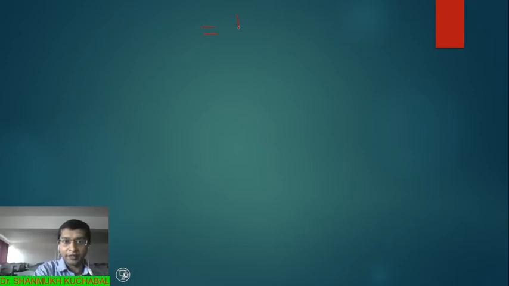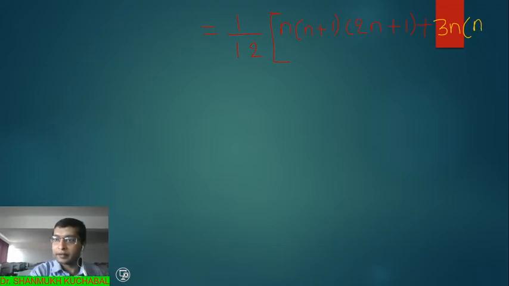Simplifying, we get 1 divided by 12 multiplied by n into n plus 1, 2n plus 1 plus 3n into n plus 1, closing the bracket.